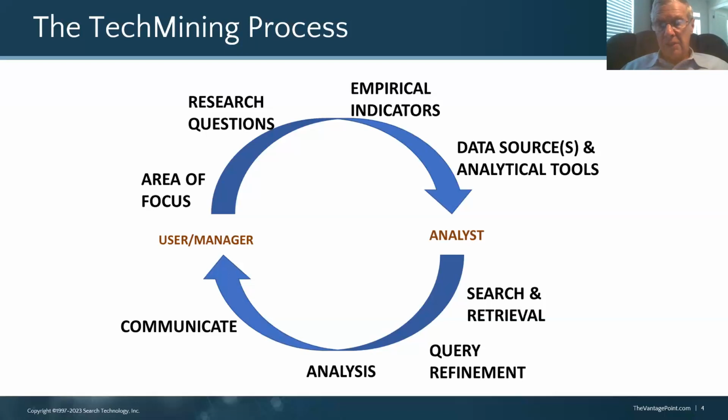Then from that, you can identify the indicators that you think will answer those, then what data sources you'll want to use, and that'll flow into this search and retrieval, often with a side step of taking a quick look at your data, refining your query to add, subtract, whatever, but get more signal, a little bit less noise maybe, and then proceed with analyses and reporting. Okay, next slide.